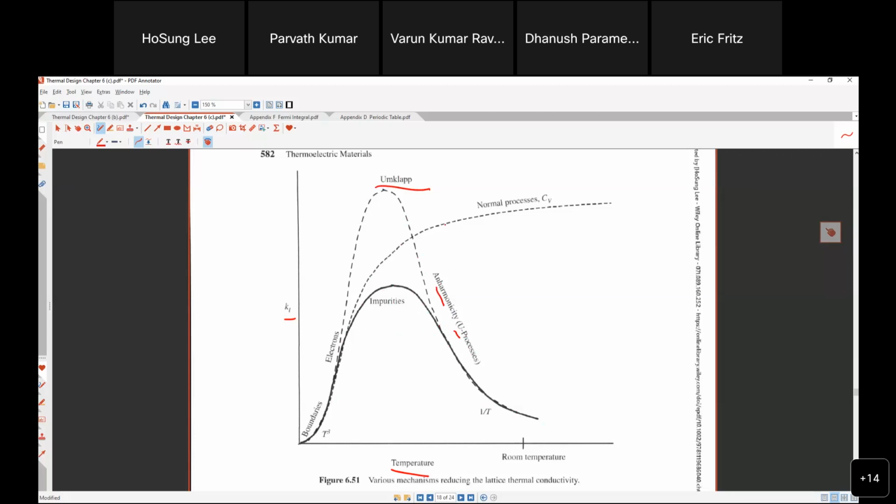So what happened is the thermal conductivity is still T to the power of 3, increasing at early low temperature, and then decreases. That's the nature of thermal conductivity. I think you have to understand.